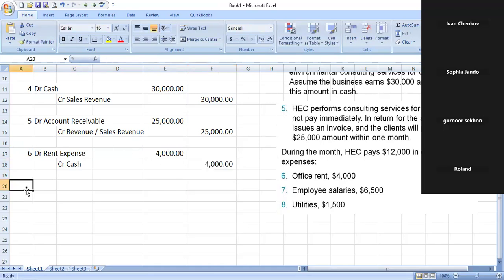Next transaction, we paid employee salary. How are we going to call this debit? What is it? When we're paying employee, what is it? Is it asset? Is it expense? It's expense.